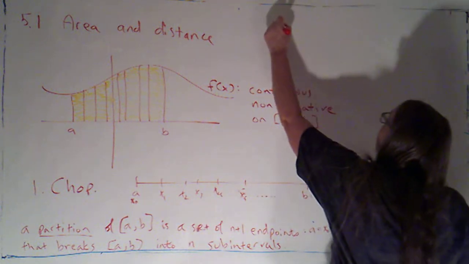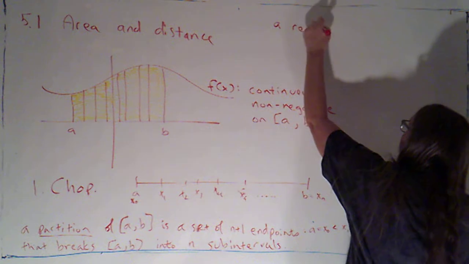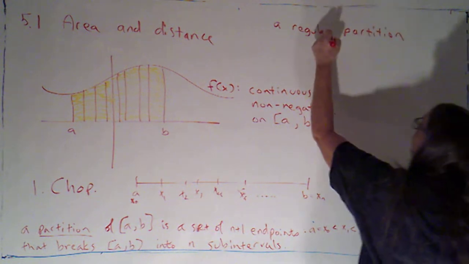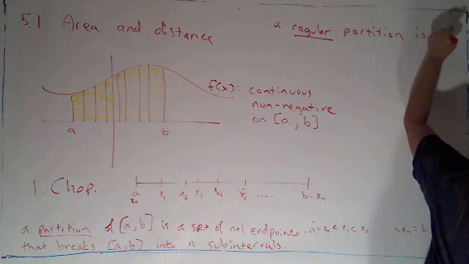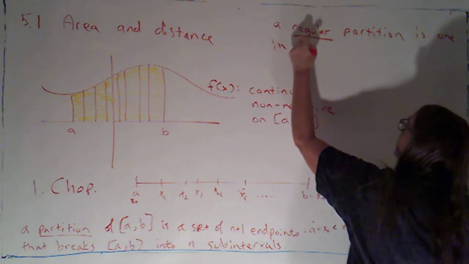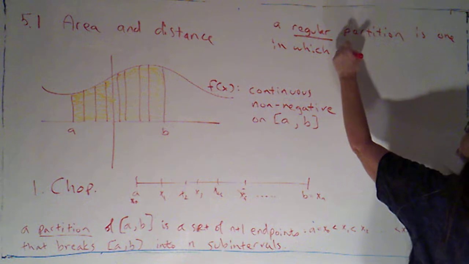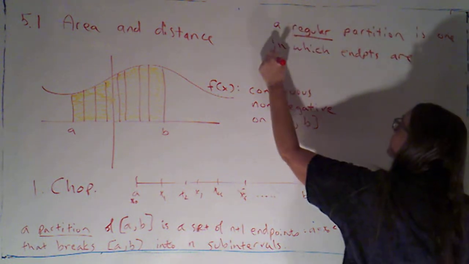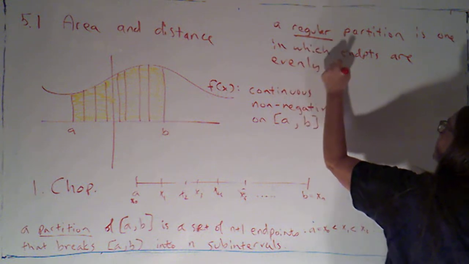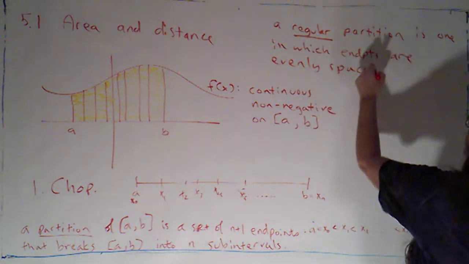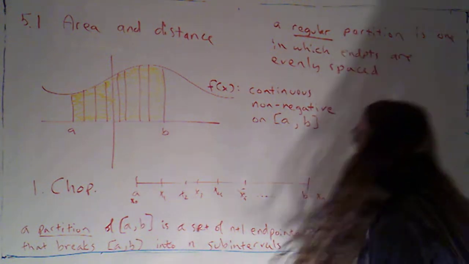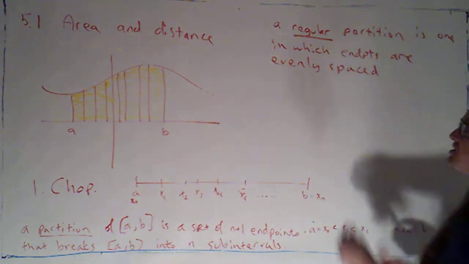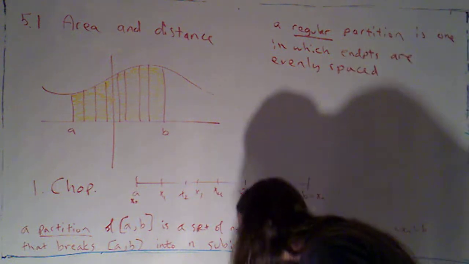So a regular partition is one in which the endpoints are evenly spaced. And for our purposes, it's generally going to be a good strategy to use a regular partition.